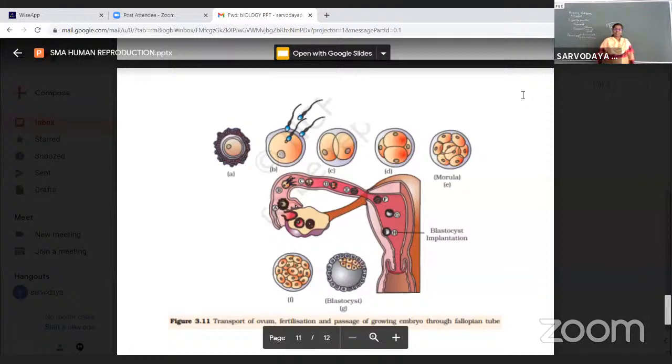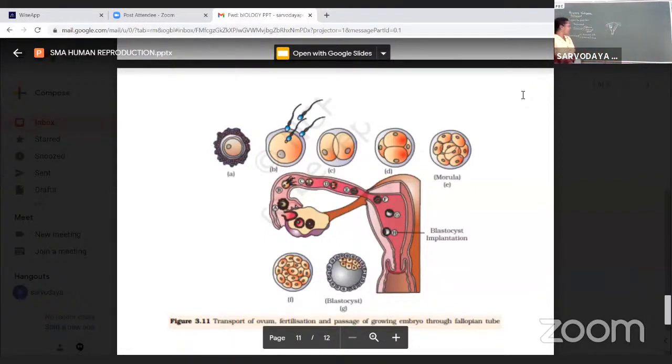In the initial stages of development or pregnancy, the chorionic villi, which is made up of uterine tissue and maternal blood, is going to provide nutrition to the developing fetus. Now, as the fetus grows, naturally the nutritional requirement will also increase.